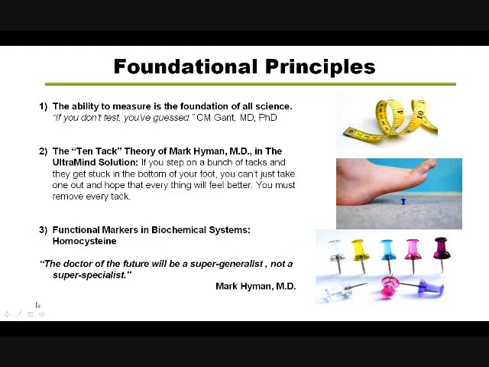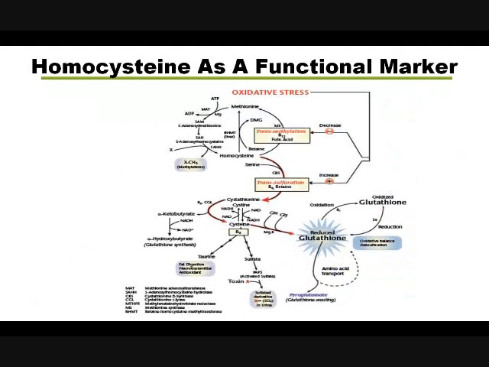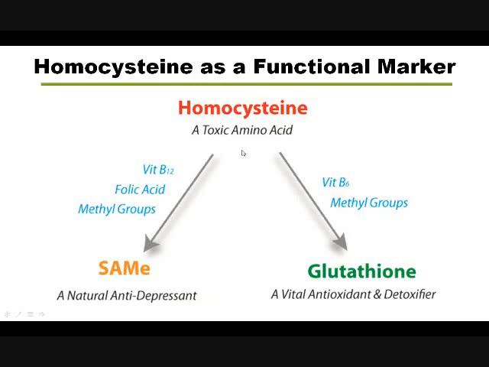functional markers. So for example, I'll show you on the next slide, this is homocysteine, and I've simplified the slide. You see it's a very complicated set of reactions here, what we call methylation, we're going to learn about that, and sulfuration. But this is the more simplified version that we're going to talk about.